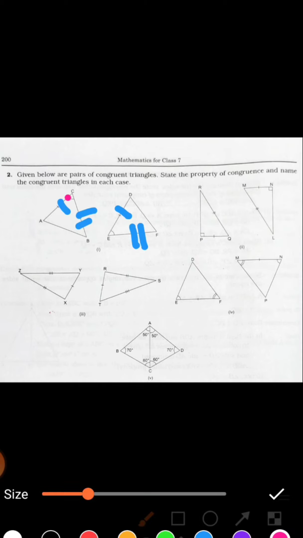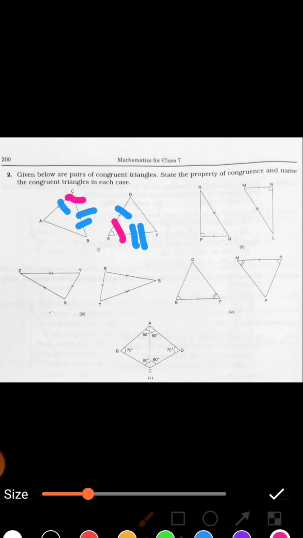And one more thing, AC is equal to ED and BC is equal to EF, and the angle between them is also equal, this angle C and this angle E. So we can see two pairs of corresponding sides and the angles between the corresponding sides are equal.